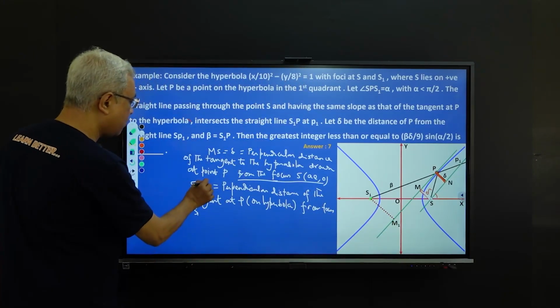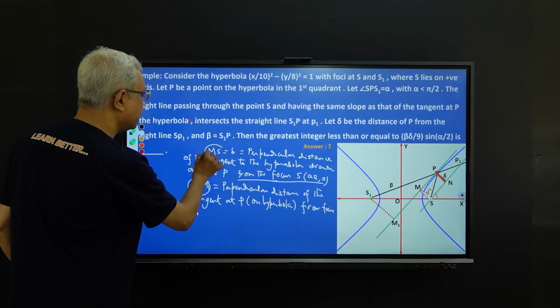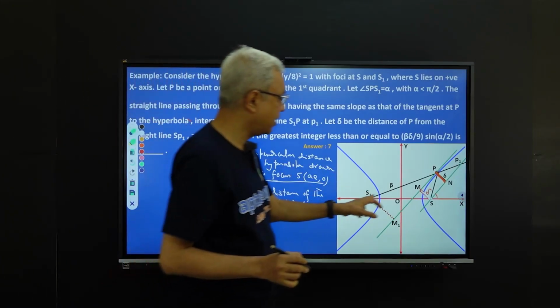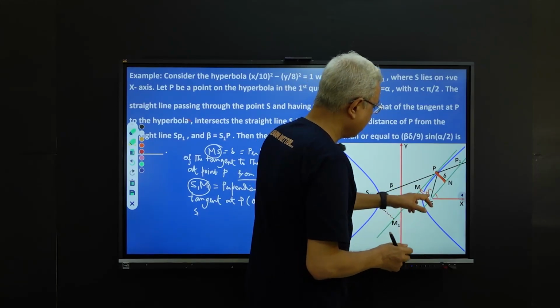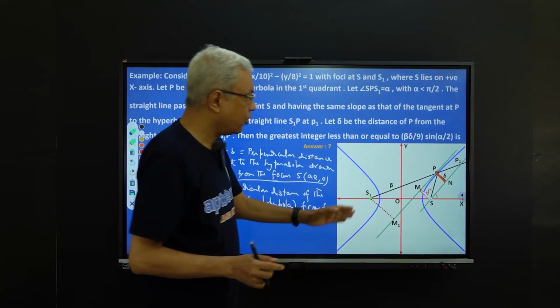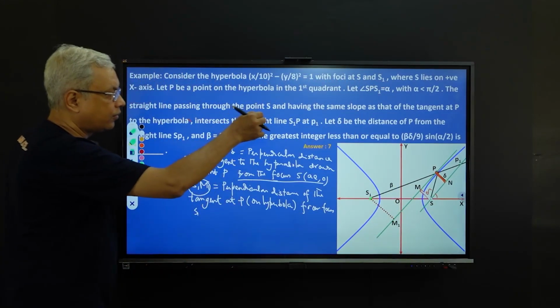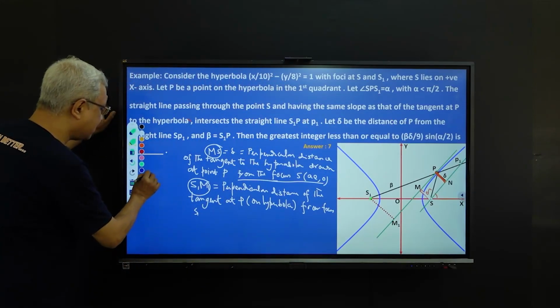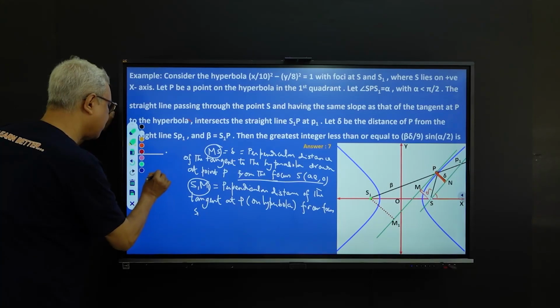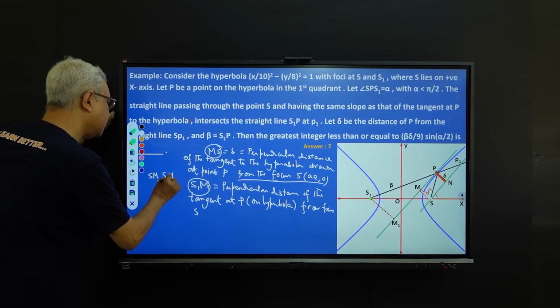So S1M1 and SM are the perpendicular distances drawn from focus S and S1 on the tangent to the hyperbola at the point P. Therefore, I can write SM multiplied by S1M1 is B square.